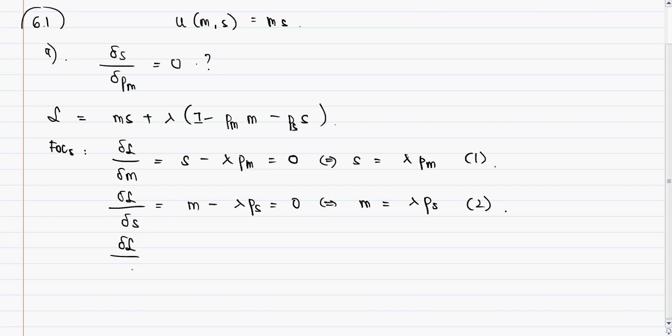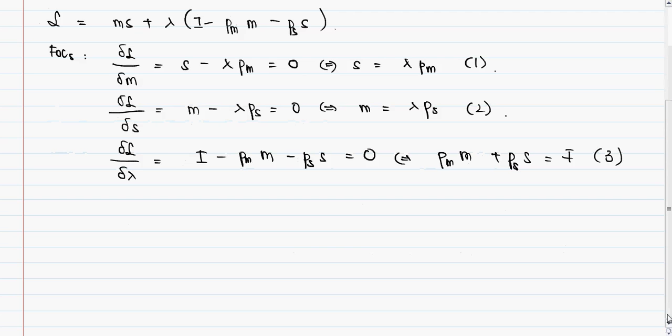Okay, so if you differentiate the Lagrangian function with respect to lambda, that will just give you the budget constraint itself, which is I minus pm m minus ps s equal to 0, and therefore we have a budget constraint which is pm times m plus ps times s equal to I, and this is the third equation.